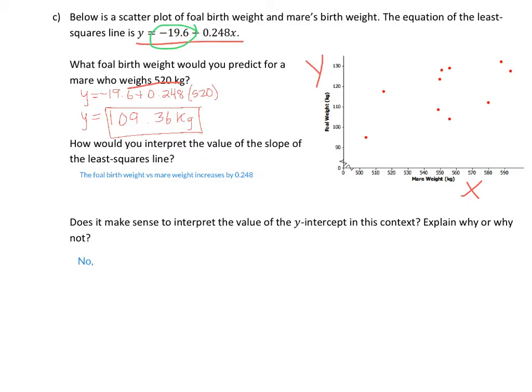I would say no, because that would imply that the mare birth weight would be 0 and the foal birth weight would be negative 19.6, which simply couldn't happen.